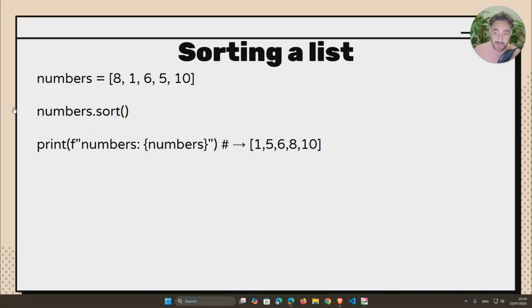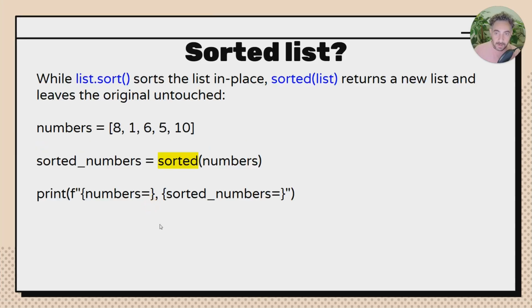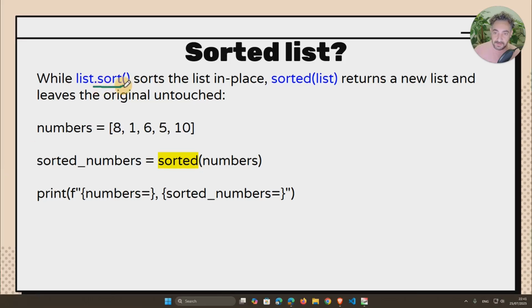Okay, we've got one more. In fact, we have a few more to go through. Guys, I know that there are quite a few methods to go through here. Try to take note of these. The next one is the sort method, which simply sorts items in order. So it's either in order of size, from small to big, or it's going to be in alphabetical order. However, there's a second one you need to know, which is a function. When we look at list.sort, we know that sort is a method.